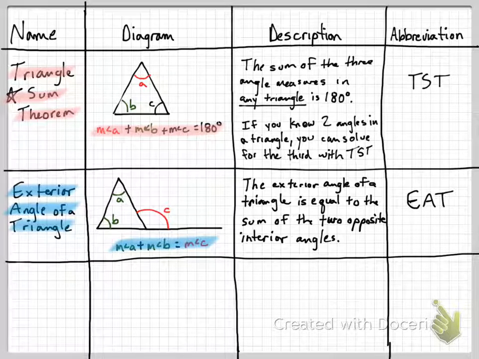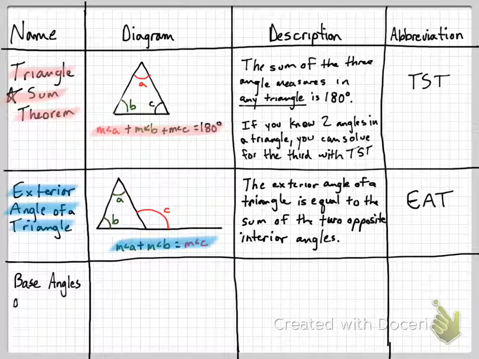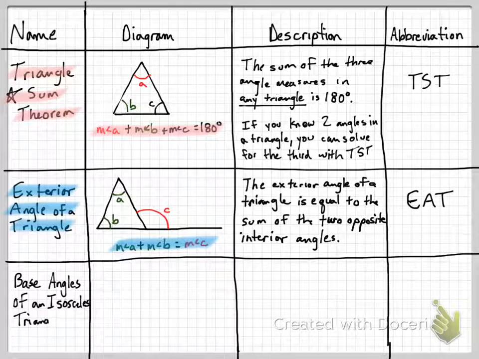All right, next one is called base angles of an isosceles triangle. And we need to remember what an isosceles triangle is.